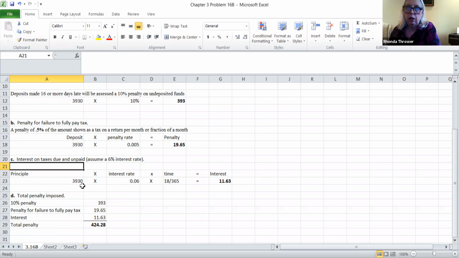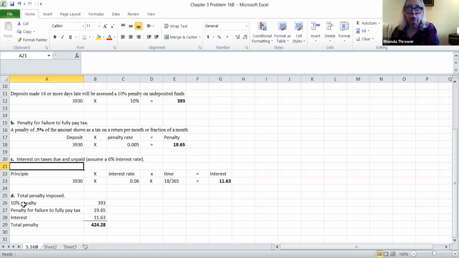So 3,930 times 6% times 18 days divided by 365 gives you $11.63. So if you were late in paying that $3,930, depending on the amount of time it's late, will depend on whether it's a 10% penalty, and it could be different depending on how many days late it was.